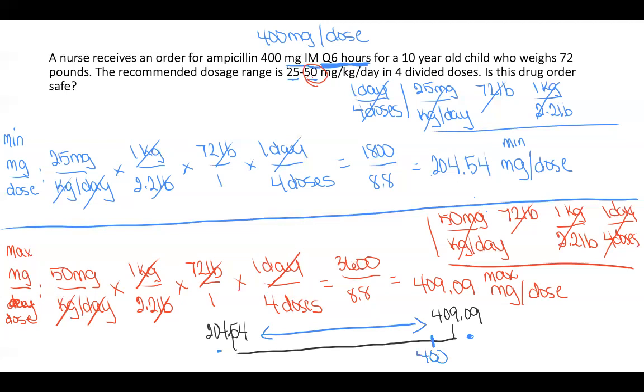Okay, so yes, it's a little bit of work. It's a little bit of extra steps. If you're competent in math and you're comfortable with math, you may have noticed that you could simply double this amount to come up with this amount, because the minimum dosage range was 25 and the maximum was double that, 50.